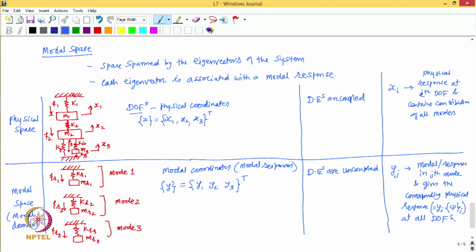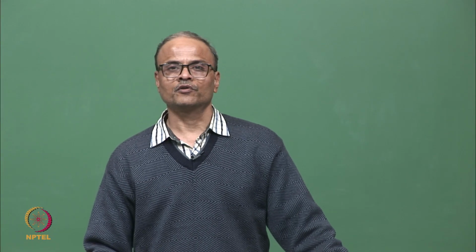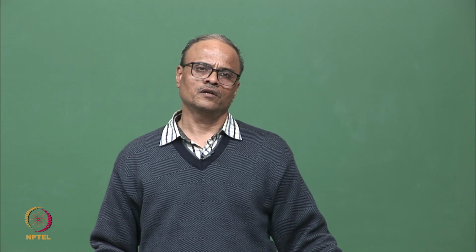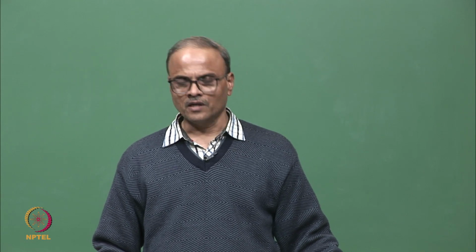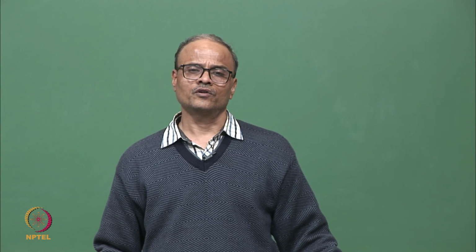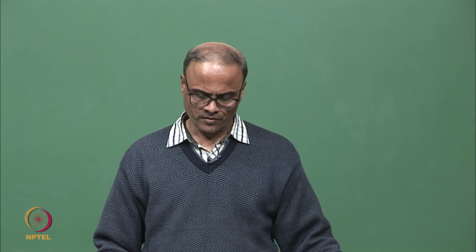The response xi gives us the physical response at the ith DOF and includes all the modes. It does not give response at other degrees of freedom. Yj gives the response in the jth mode and tells us the response at all DOFs, but does not take into account the response of other modes; only the jth mode it gives information about.